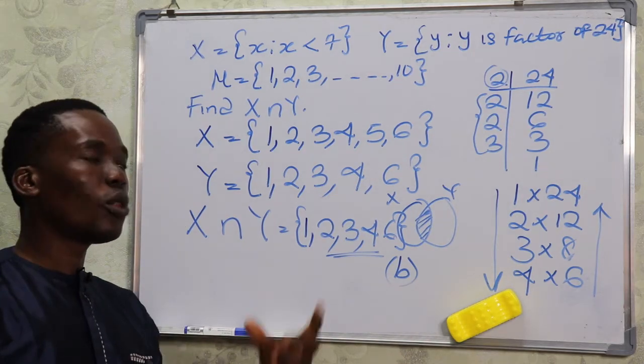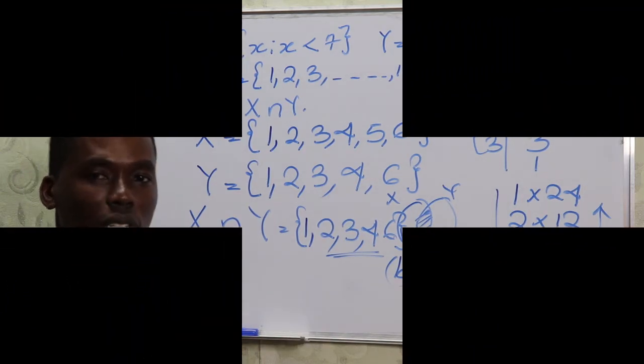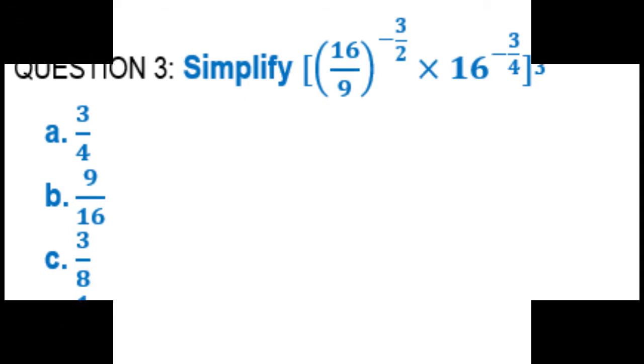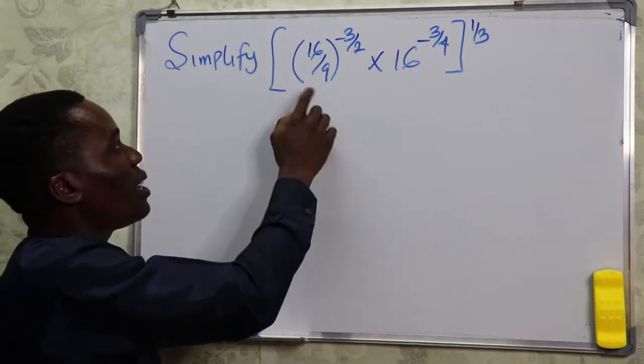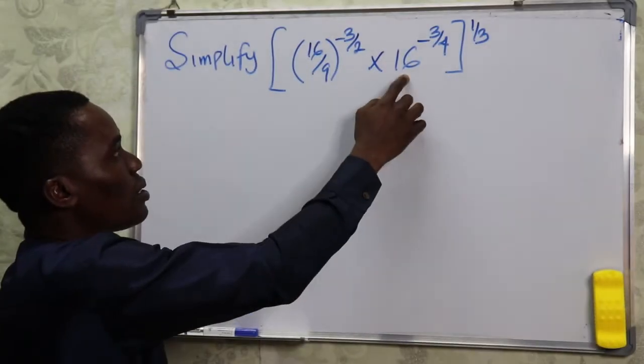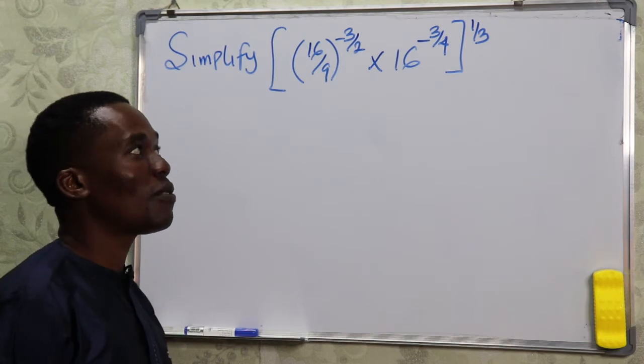Right? Now let's look at question number 3. To simplify (16/9)^(-3/2) times 16^(-3/4), all in bracket raised to power 1/3.